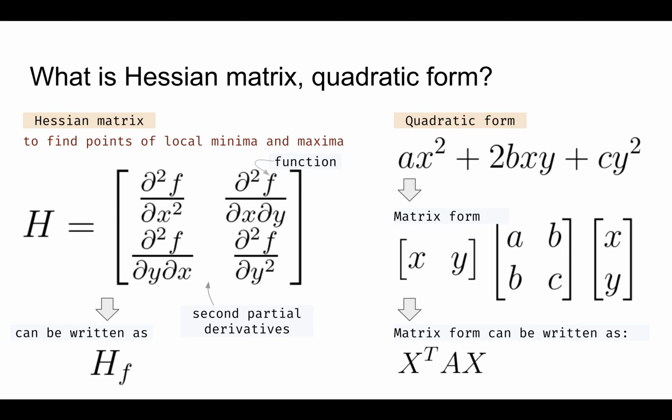Essentially what this helps us do is find the points of local minima and maxima when we are trying to map the high dimensional space of data points to a low dimensional space. There's a lot of maths involved in this, which is what we are not discussing here.